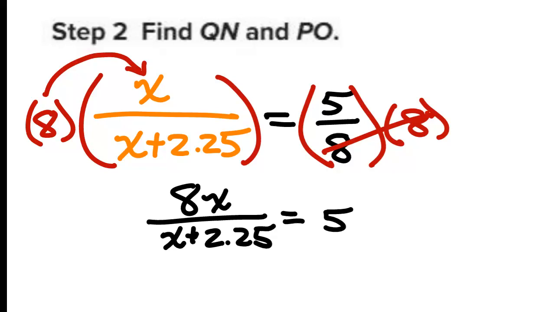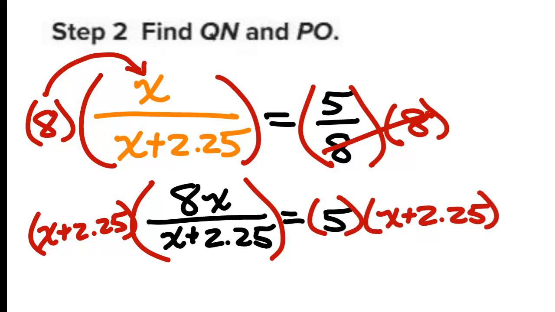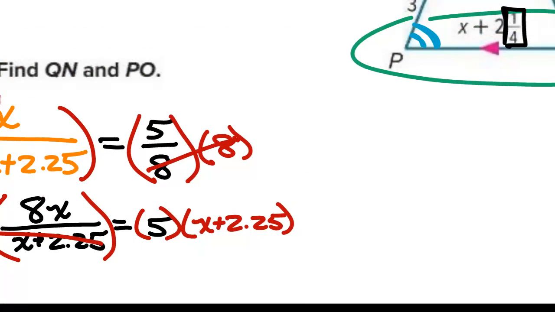I still have a fraction, so what do I need to do to get rid of it? Multiply. What are we going to multiply by? X plus 2.25 on both sides. Cancels my denominator here. That 5 is going to distribute to these two pieces.